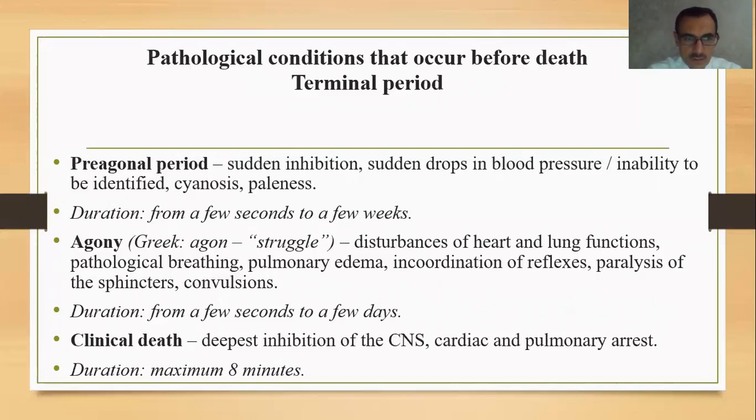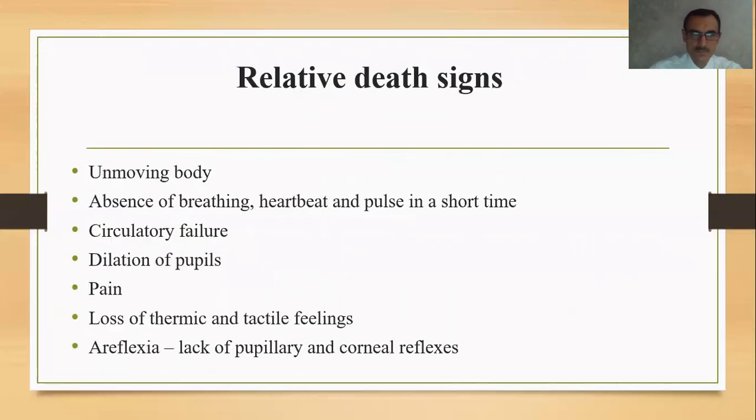Then agony, from the Greek agon, meaning the struggle, the disturbance of heart and lung functions, pathological breathing, pulmonary edema, incoordination of reflexes, paralysis of the sphincters, and convulsions that last from a few seconds to a few days. And clinical death, the deepest inhibition of the central nervous system, cardiac and pulmonary arrest that lasts maximum 8 minutes.